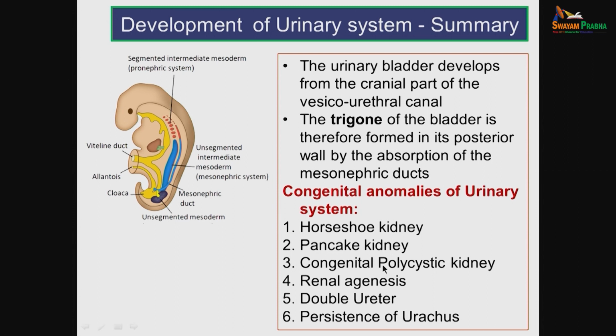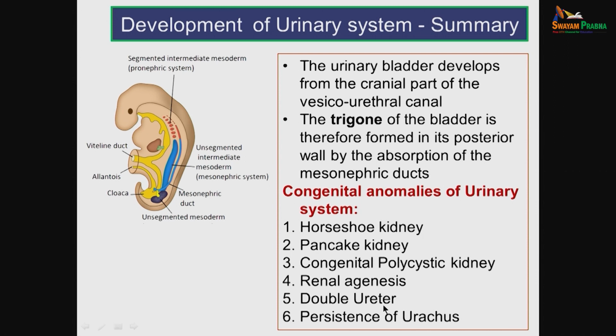If the excretory tubules fail to establish contact with the collecting part of the kidney, it is called congenital polycystic kidney. It leads to the formation of cysts within the kidney. Sometimes the kidney itself fails to develop, which is called renal agenesis.